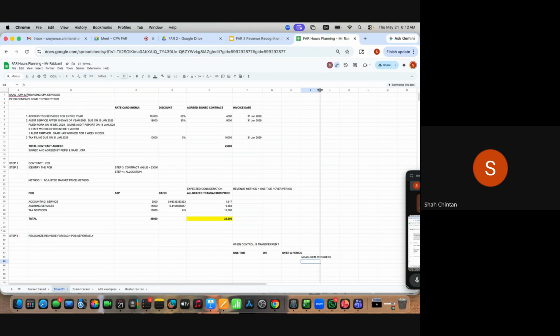It means अगर आपको revenue 12 months में लेना है, तो आप 12 months में कैसे लेना चाहते हो? It could be a straight line method of revenue. For example, you had one accountant, he worked for the entire 12 months. It's the same inputs he has used to do the accounting services. So revenue is recognized on a straight line basis. It could be a cost percentage basis, could be an output basis.